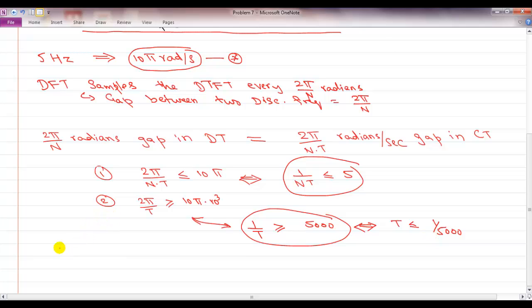So if we want n smallest, then to satisfy the 1 over nT less than or equal to 5 constraint, we must have T largest, but T can't be larger than 1 over 5,000. So I just pick T to be 1 over 5,000.